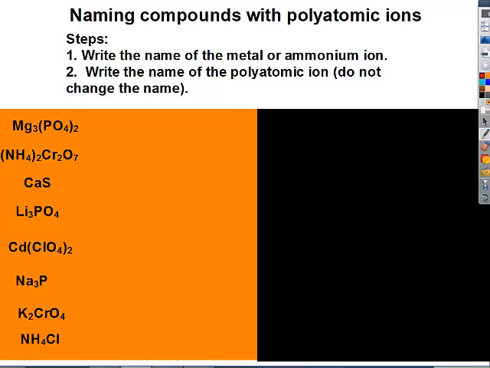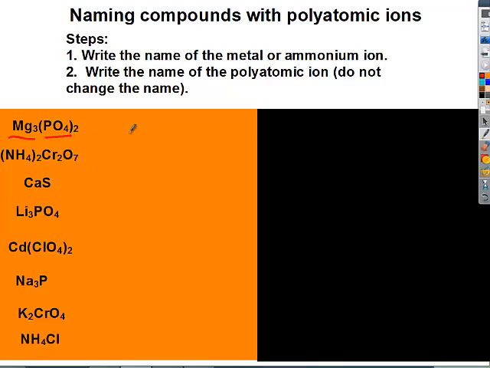So let's look at the first one. I have magnesium, Mg, and I have a PO4. Look on the back of your periodic table. Go all the way down. What's PO4 called? Phosphate.